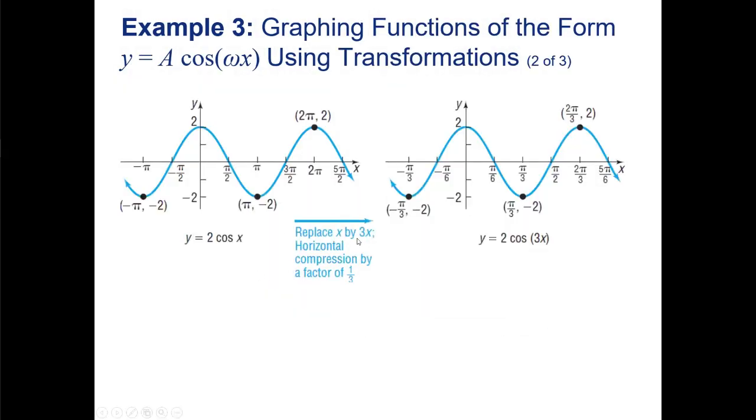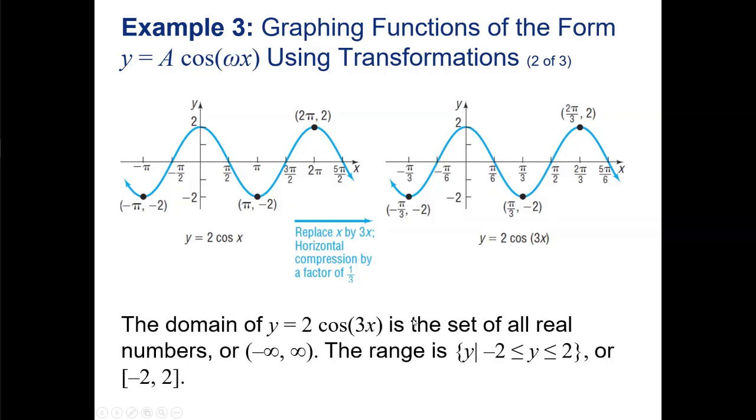And then multiplying by a factor of 1/3. So we divided by 3, that's the same thing. And that's changing the length of a period. So now if we look at this result, the domain still goes from -infinity to infinity. That won't change. But the range is now between -2 and 2.